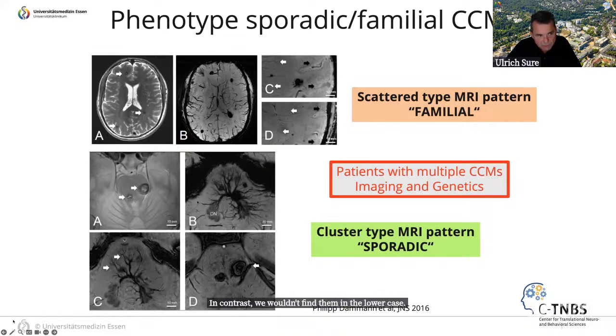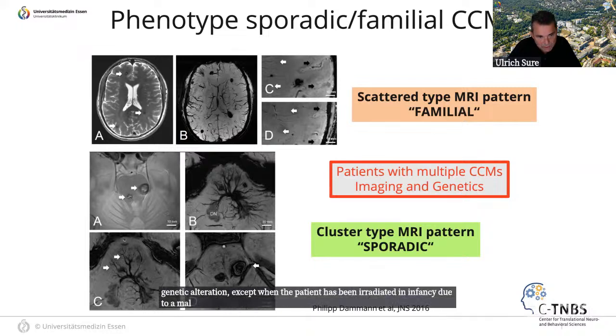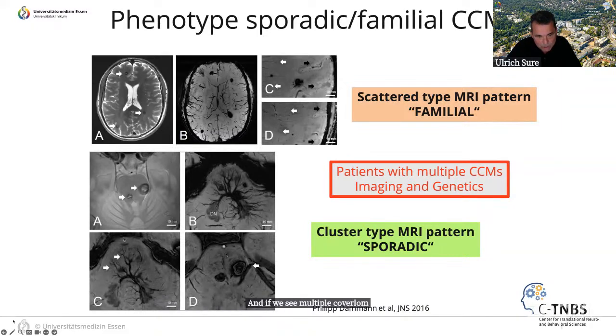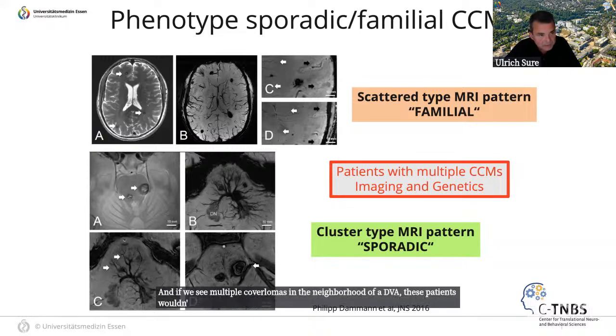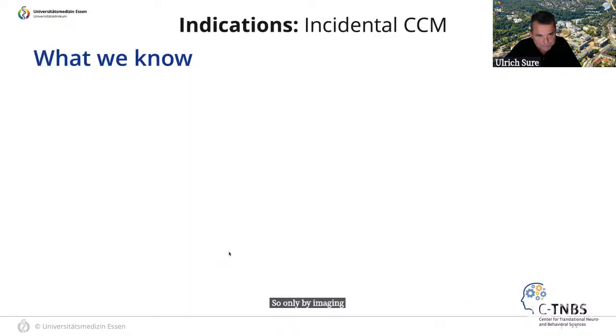And this is true in 100% of each patient, which tells us that if we look at the image like that, we can be absolutely sure that there is a genetic alteration, except when the patient has been irradiated in infancy due to malignancy, whole brain radiation. And if we see multiple cavernomas in the neighborhood of a DVA, these patients wouldn't have a genetic disorder. So only by imaging we can distinguish these patients.